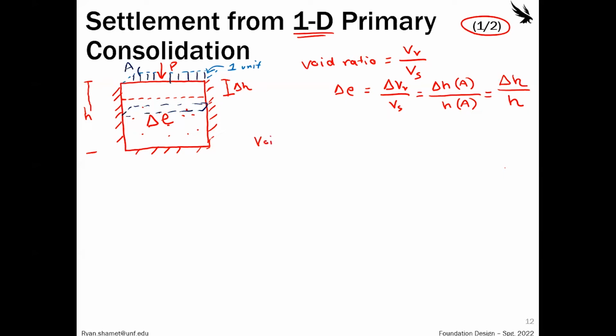So again, just repeating this, e is equal to the volume of voids divided by the volume of solids. So we can rewrite this as the volume of voids is equal to the void ratio times the volume of solid.